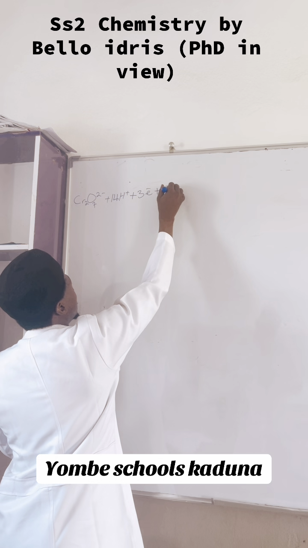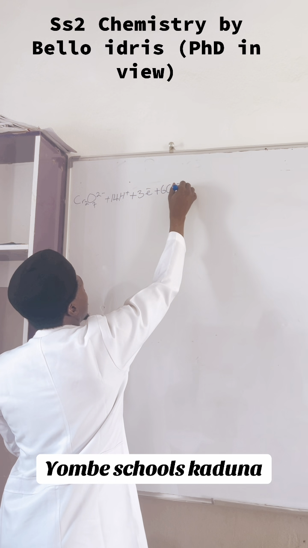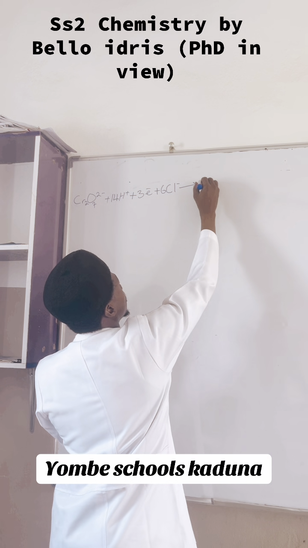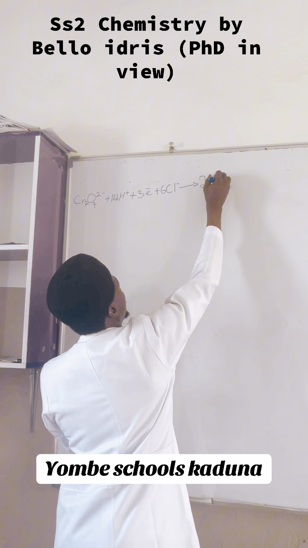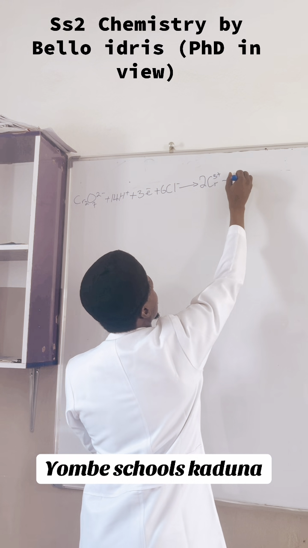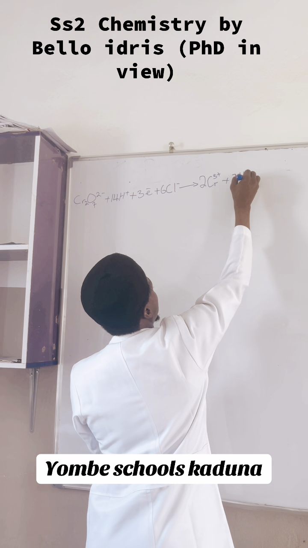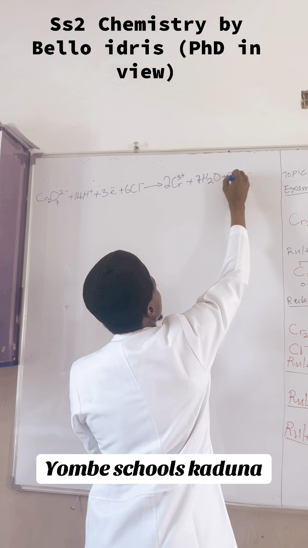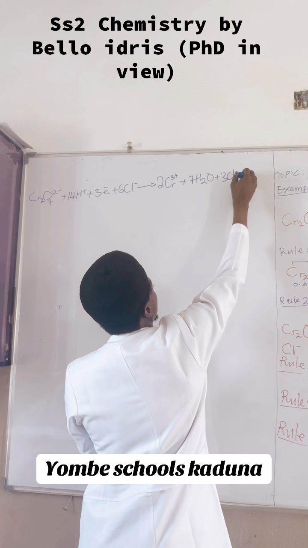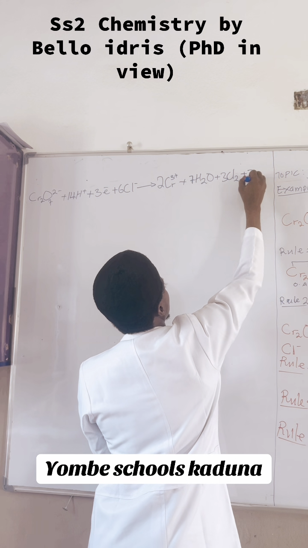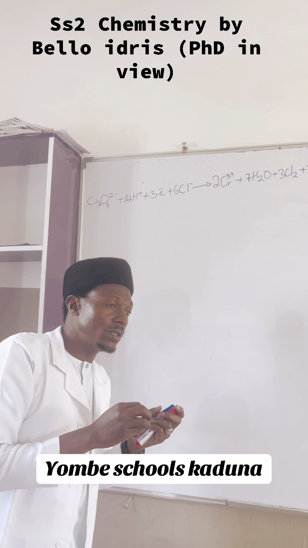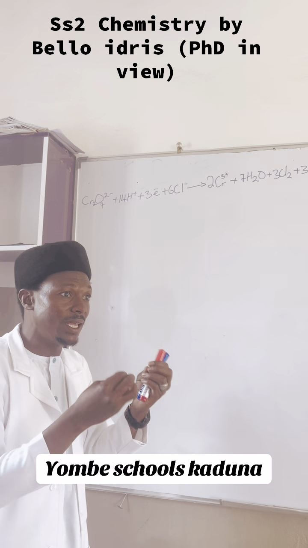Arrow 2Cr3 plus plus 7H2O plus 3Cl2 plus 6 electrons. We have now merged equation 1 and 3 together.